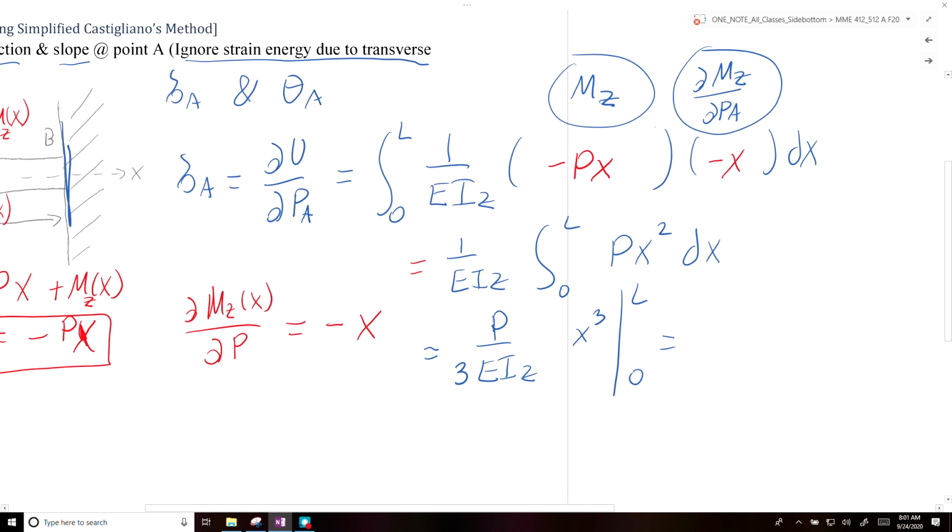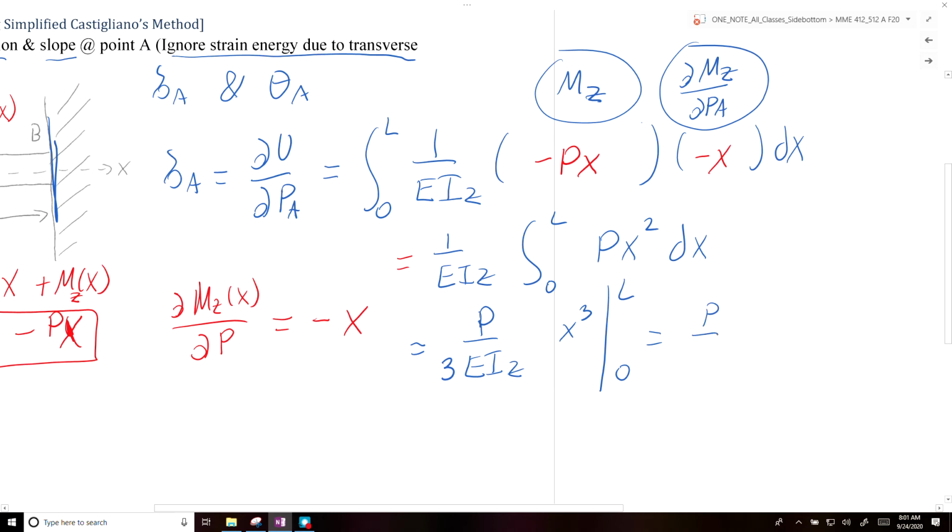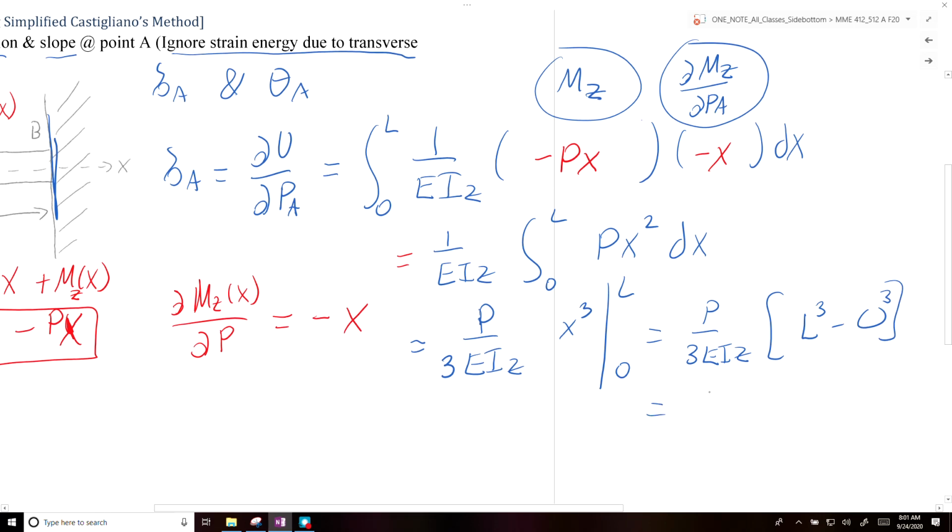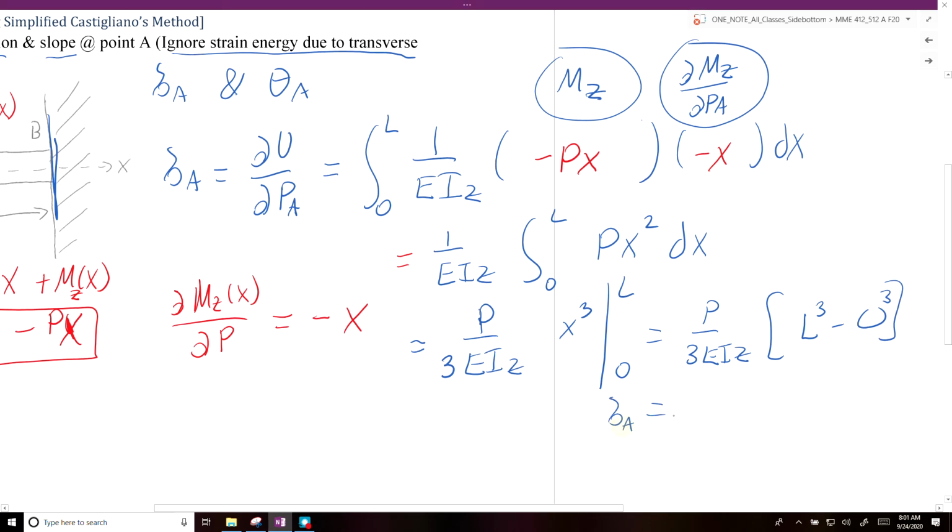If we plug in length and 0, we get P over 3EIz times the length cubed minus 0 cubed. So our displacement at point A is going to be equal to PL cubed over 3EIz, which was the same value that we got in last lecture.